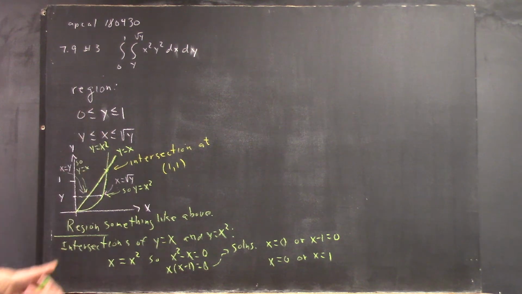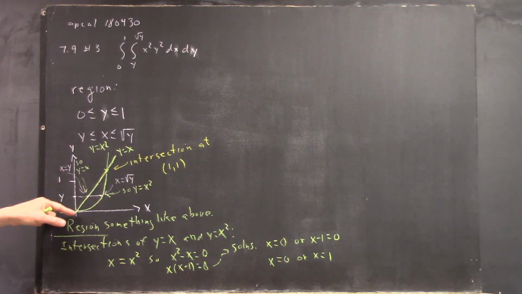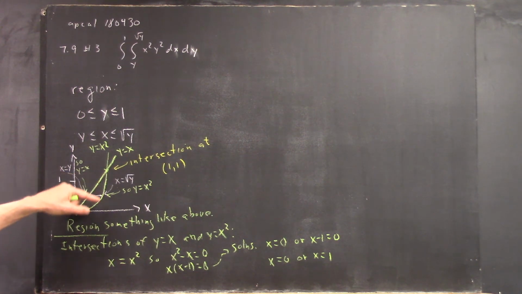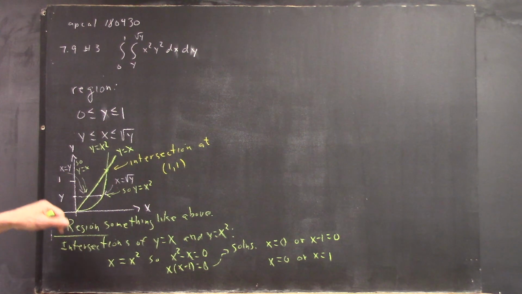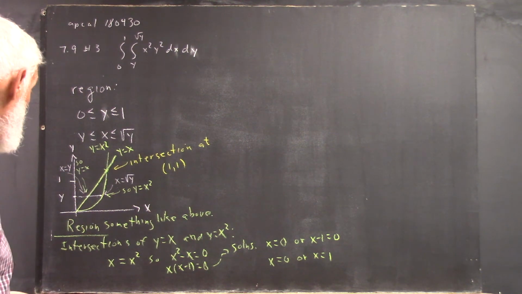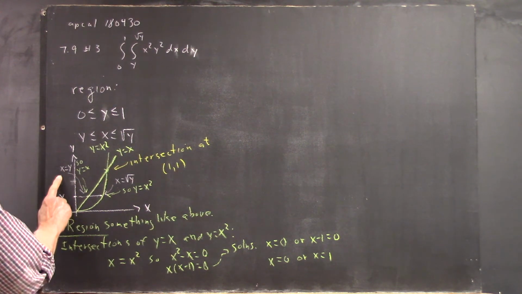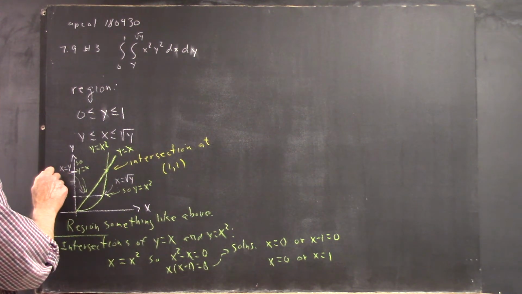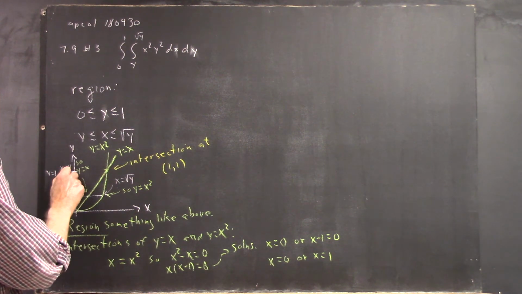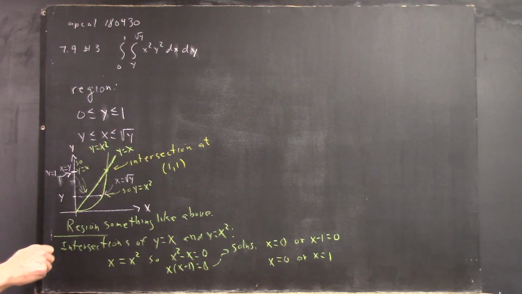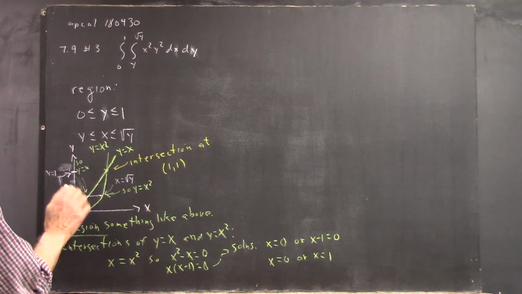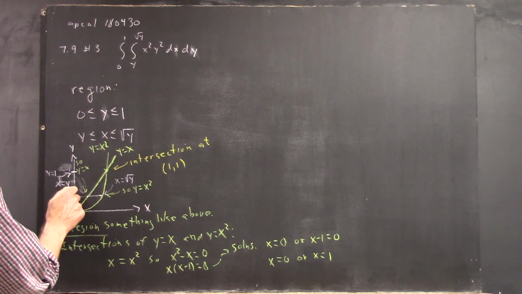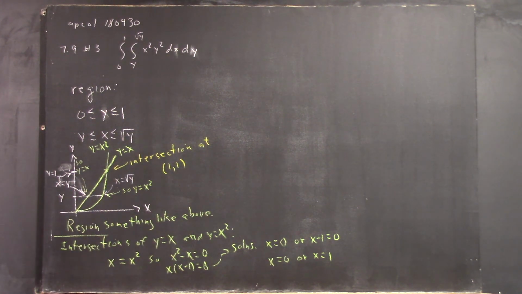I can redraw the graph so that the parabola intersects when y equals 1, right? Or I could cheat and just say that, okay, that must have been where y equals 1. And then this x equals y labeling doesn't really work, so I'll just say x equals y and put the arrow here. Okay? I could have redrawn the graph.